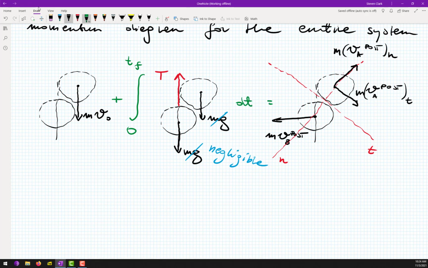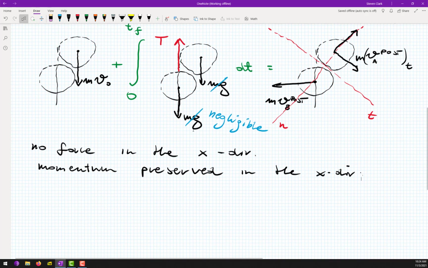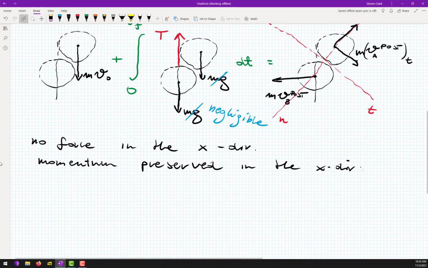Okay. So you guys told me that there are no forces in the x direction. That means that momentum is preserved in the x direction. Okay, so what can we write? We can just write that.